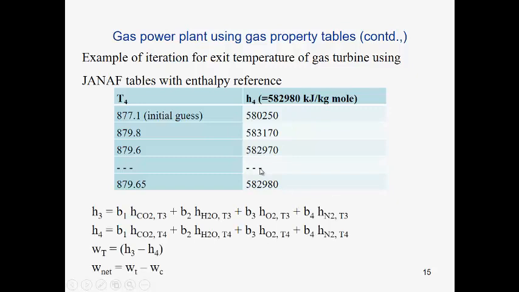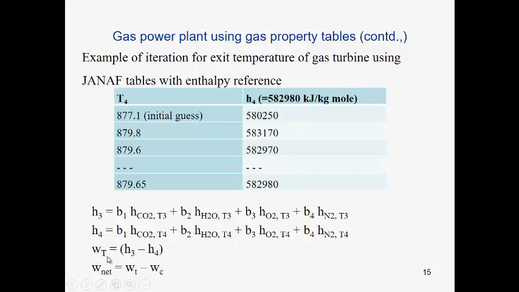So this is a way to find the temperature at the exit of this gas turbine. Once the temperature is resulted, the actual enthalpy can be determined by taking this T4 in place of T4 dash.